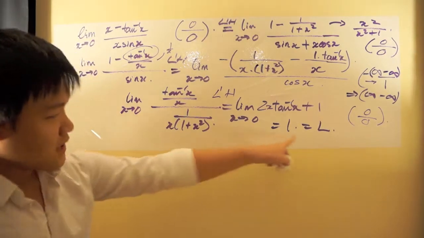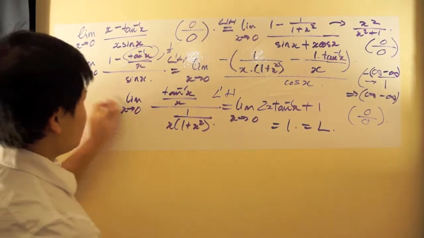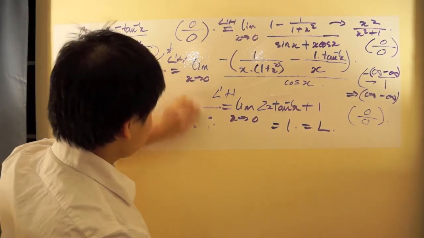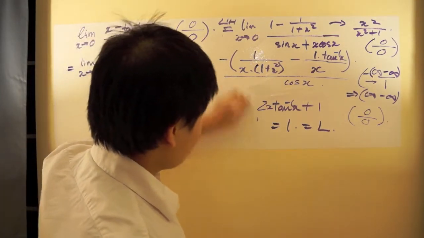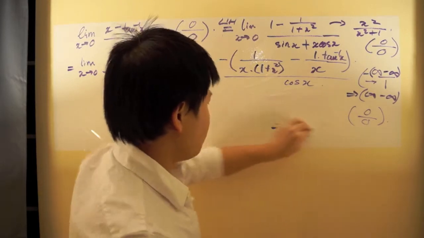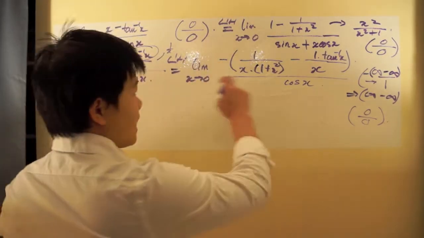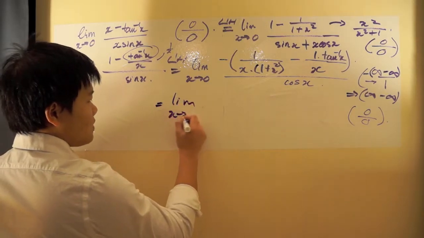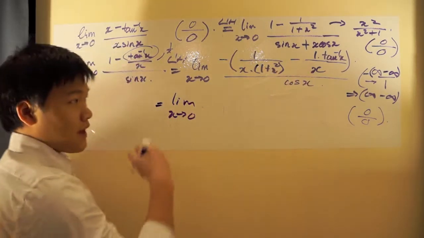With that being said, you can have this whole limit equal to the limit as x approaches 0. This we already evaluated to be 0.